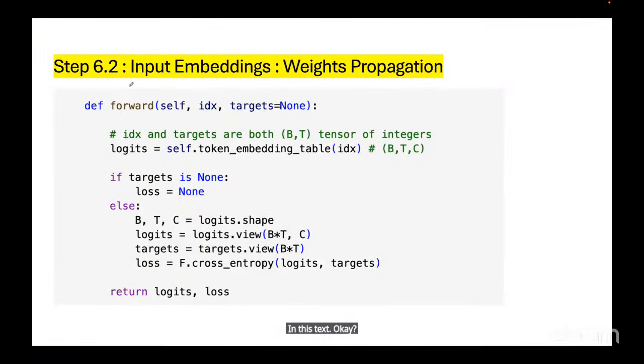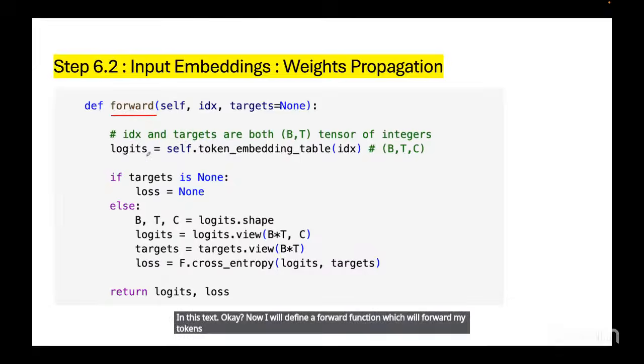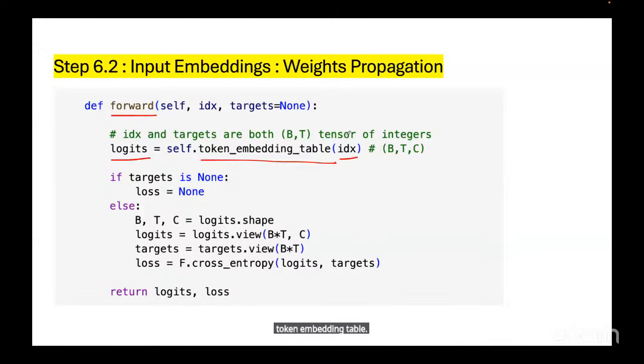Now I will define a forward function which will forward my tokens and produce my logits. For these logits, we are going to make a token embedding table indexed by the character.